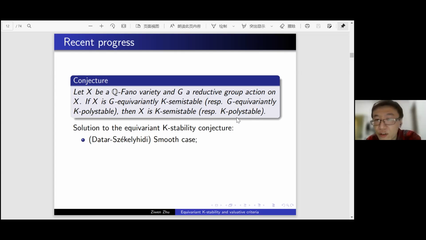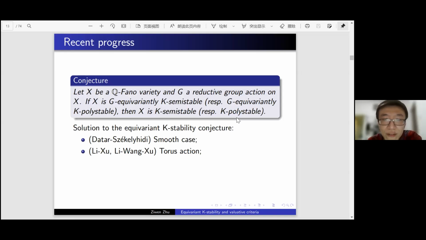The method they use is purely analytic, and it's actually inspired by the solution to the YTD conjecture in the paper of Tian, Donaldson and Sun. So in the smooth case, the Fano manifolds case, this solution is purely analytic originally.